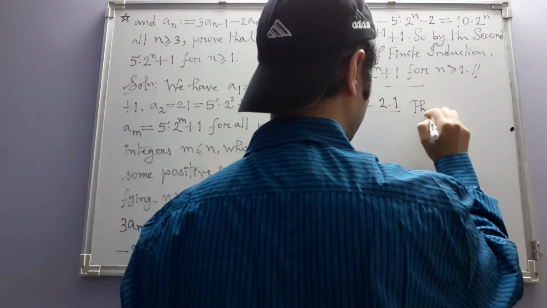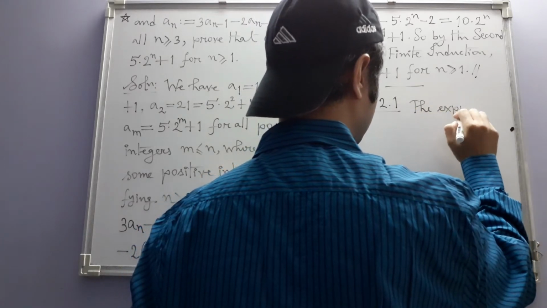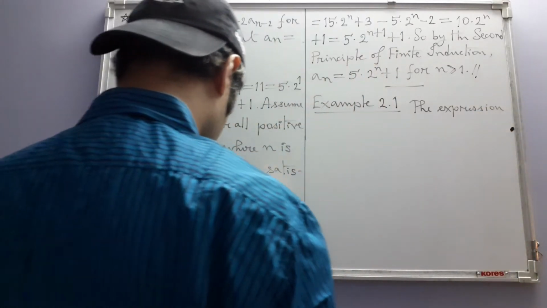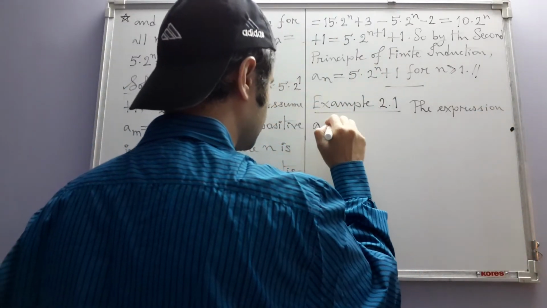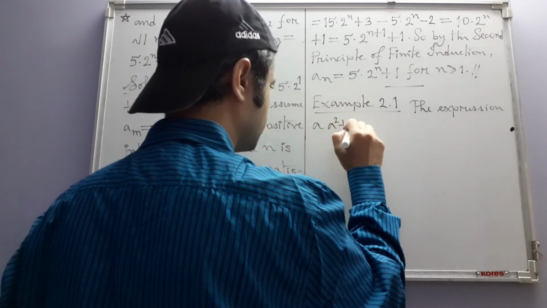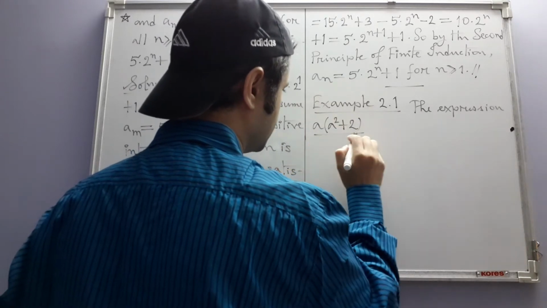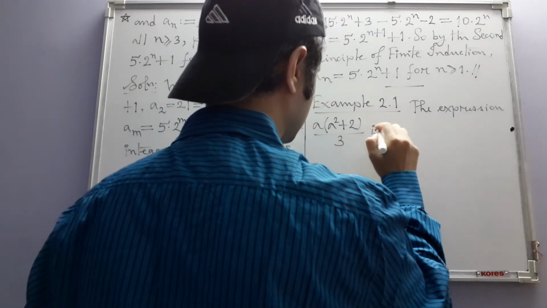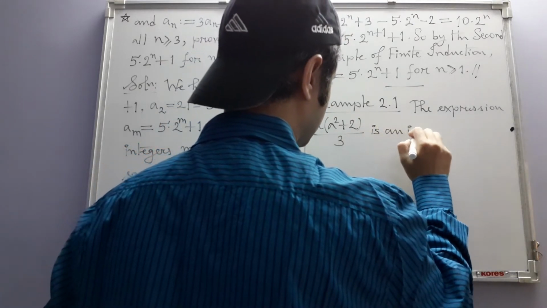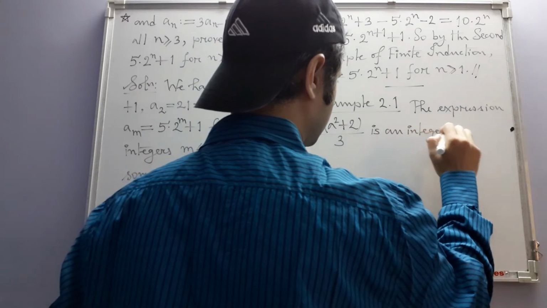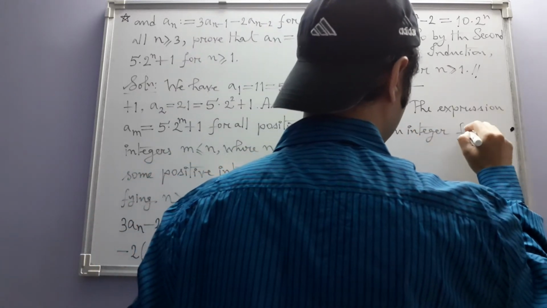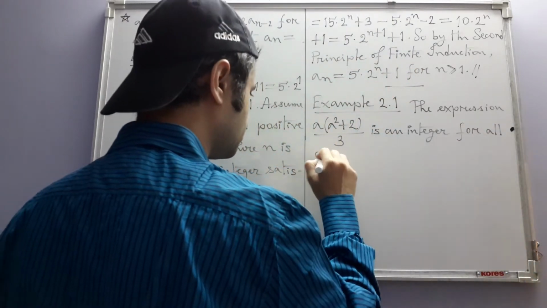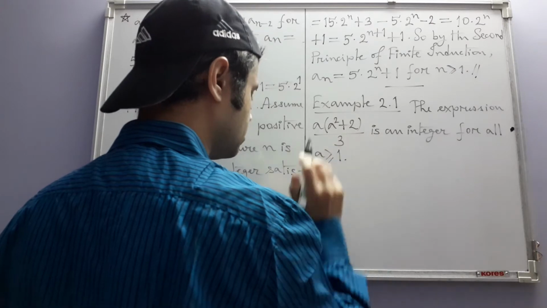the expression a times a square plus 2 divided by 3 is an integer for all positive integers a.